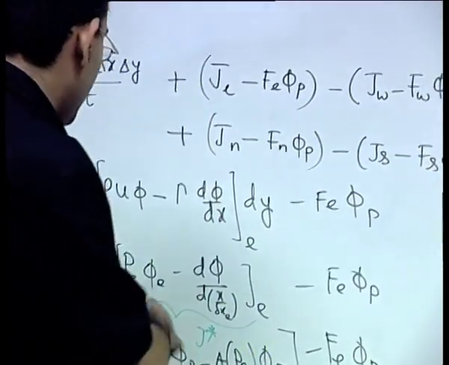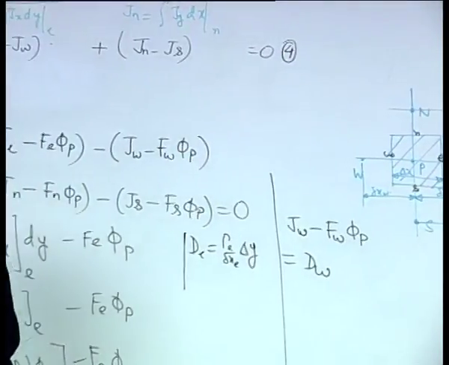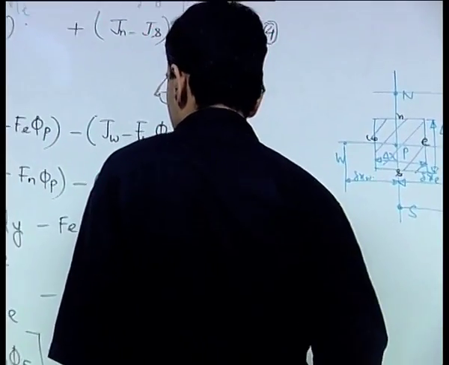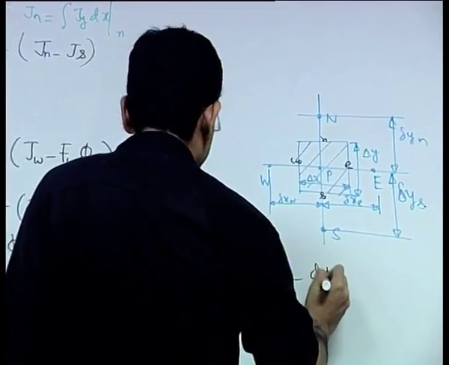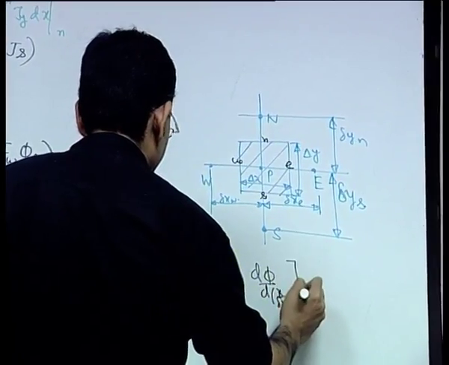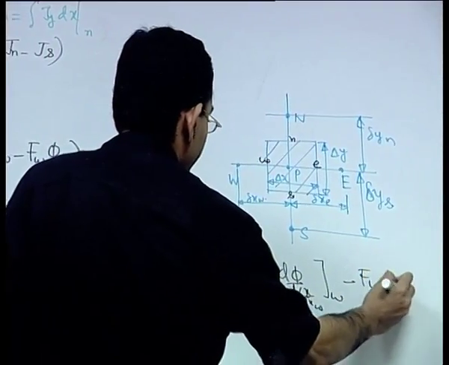Instead of dE it will be dW, Pw phi w minus d phi dx by delta xw, minus Fw phi p.